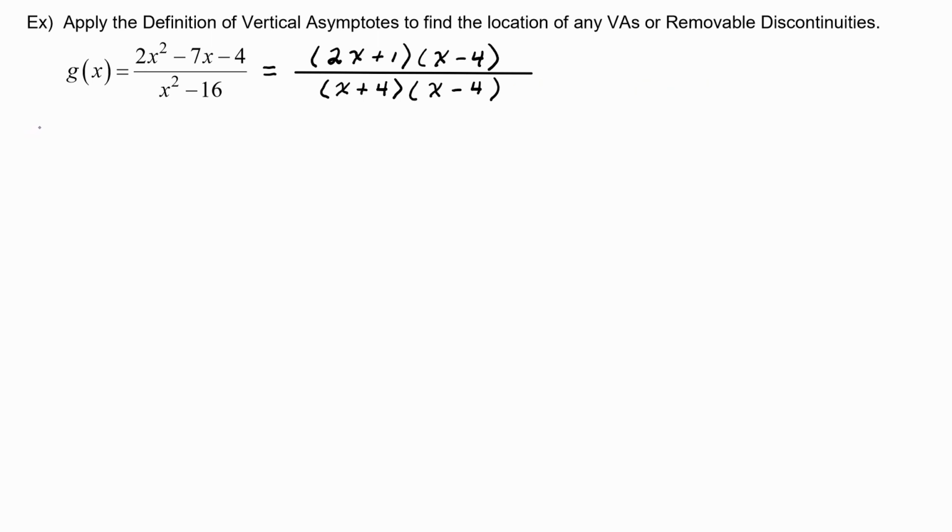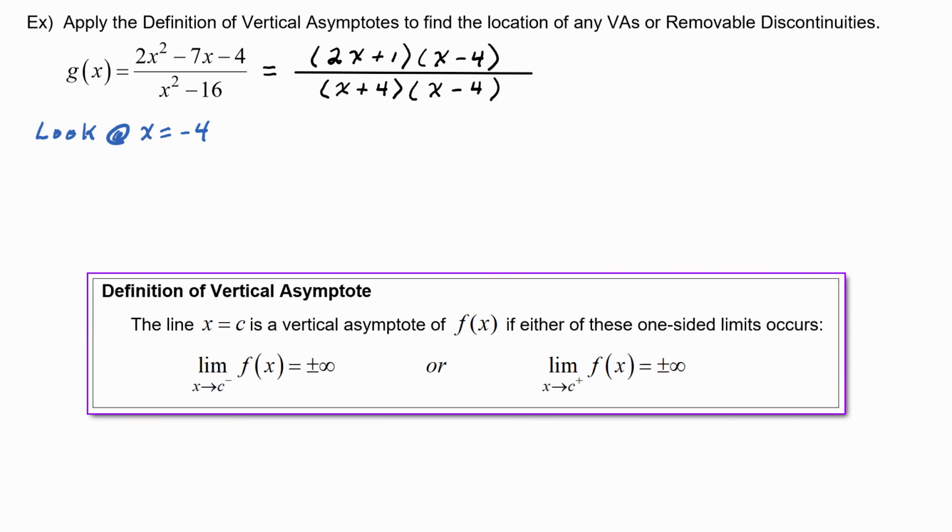So first, let's look at x equals -4. Now bring up the definition of vertical asymptotes, and remember that we have to perform a one-sided limit, and we have to see if that limit goes to positive or negative infinity. Now we can do either a left-sided limit or a right-sided limit. It doesn't matter.